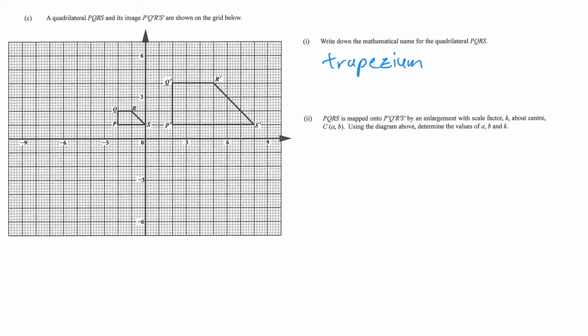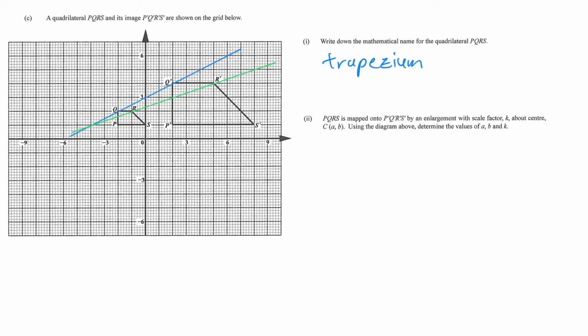In part 2, PQRS is mapped onto P'Q'R'S' by an enlargement with scale factor K, about center C at point (A, B). Using the diagram above, determine the values of A, B, and K. To find the center, we can draw lines through corresponding points and see where those lines intersect. For example, I can draw a line through Q and Q', then draw a line from R to R'.